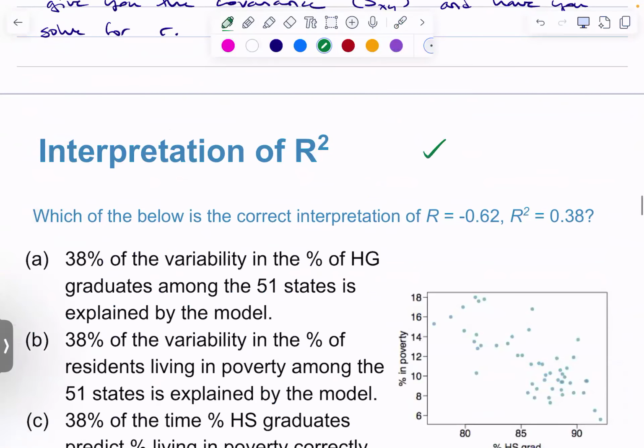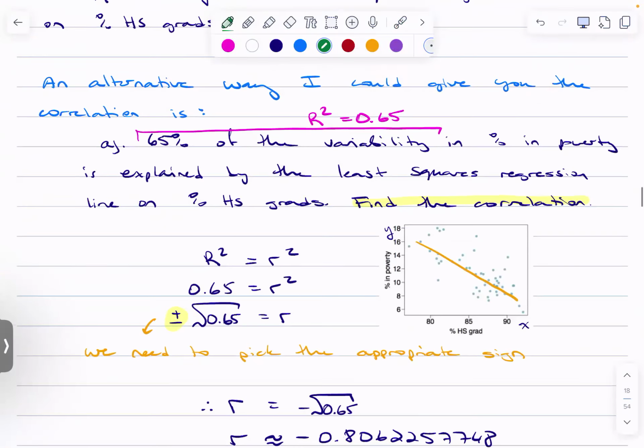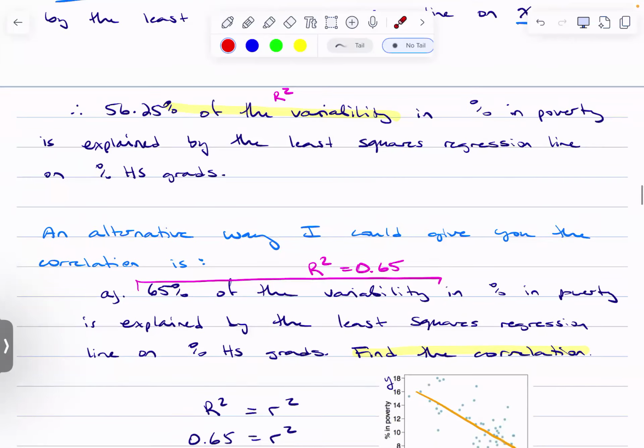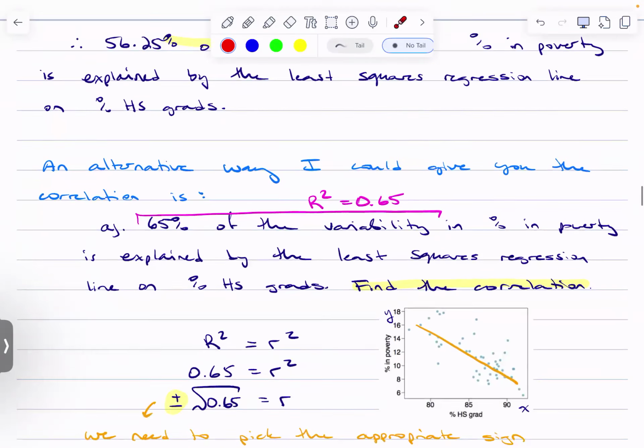So we've interpreted the R squared, right, because it was this 56.25% of the variability in the percentage in poverty is explained by the least squares regression line on percentage of high school grads. That is your R squared. That's the interpretation of R squared. What does that mean?